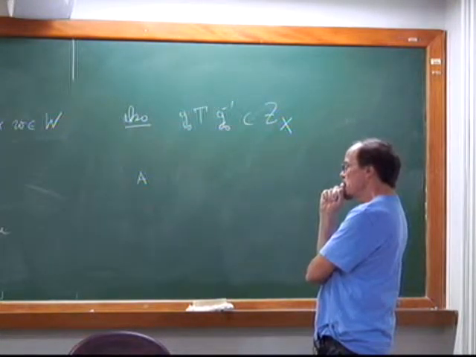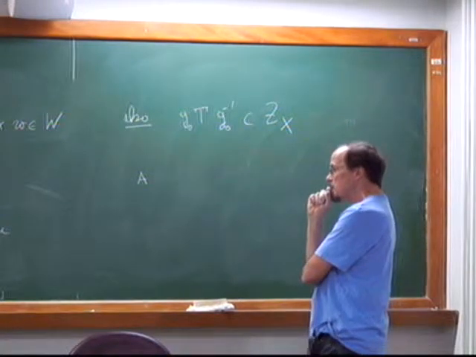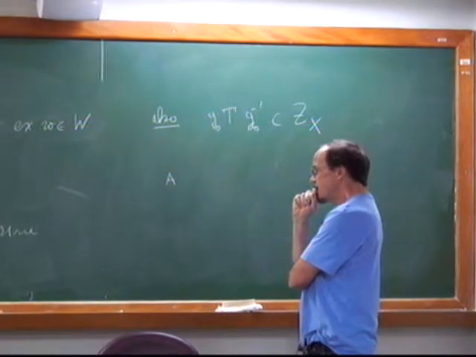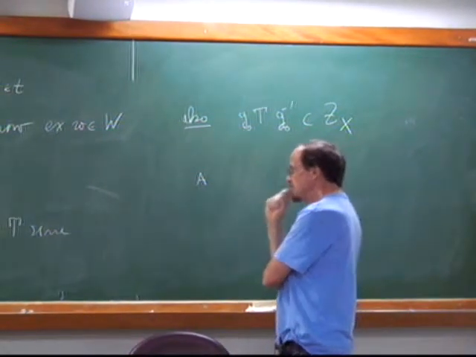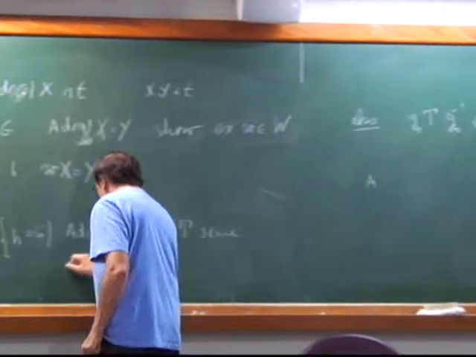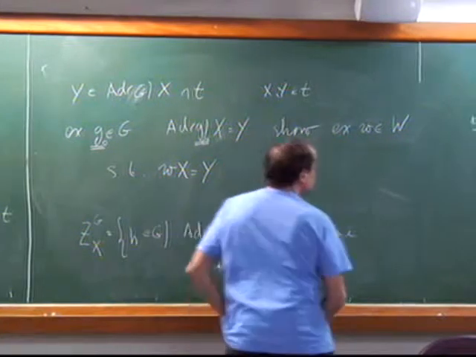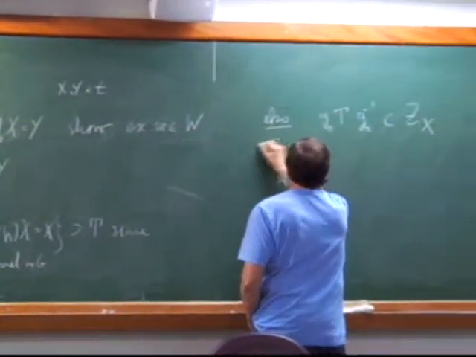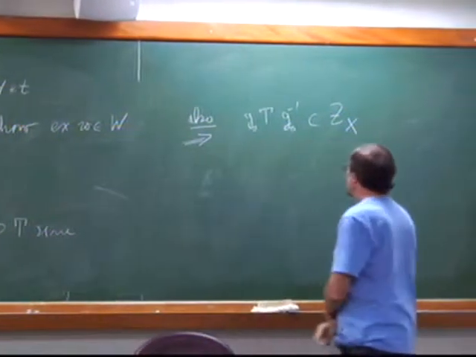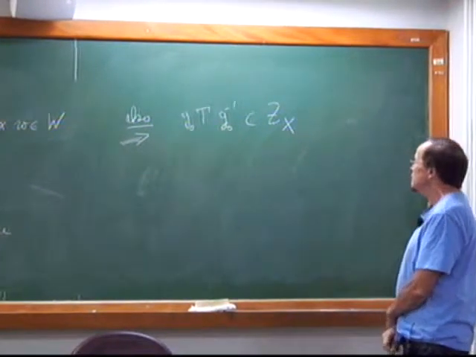Yes, it is defined by an equation as a kernel. You're right. This is normal in G, and this implies that this is true. So the conjugate of the maximal torus is also inside the centralizer.